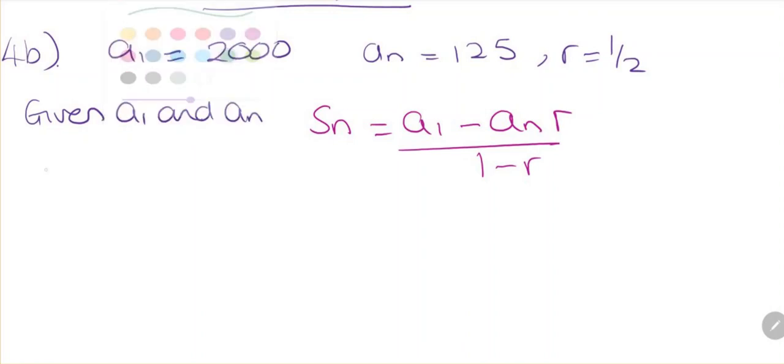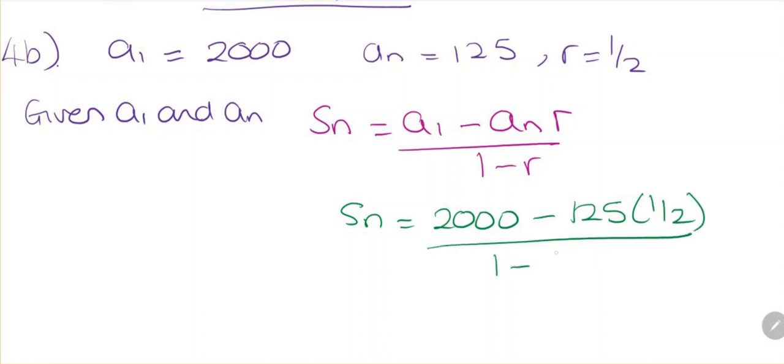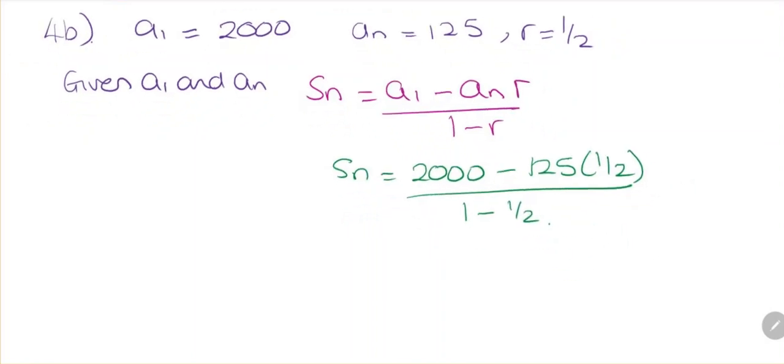And I'll substitute in the values. So the sum of the numbers, A1 is 2000. The last term is 125 and the ratio is a half. And this is divided by 1 minus a half, or 0.5. So the sum of the numbers is 2000 minus 62.5.